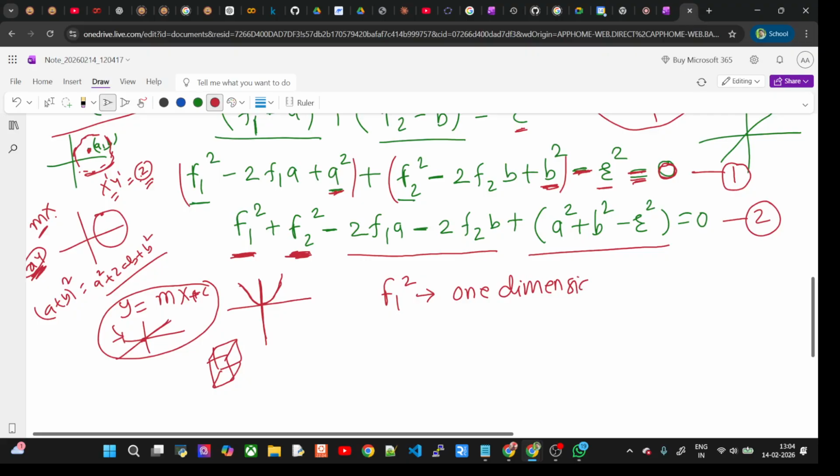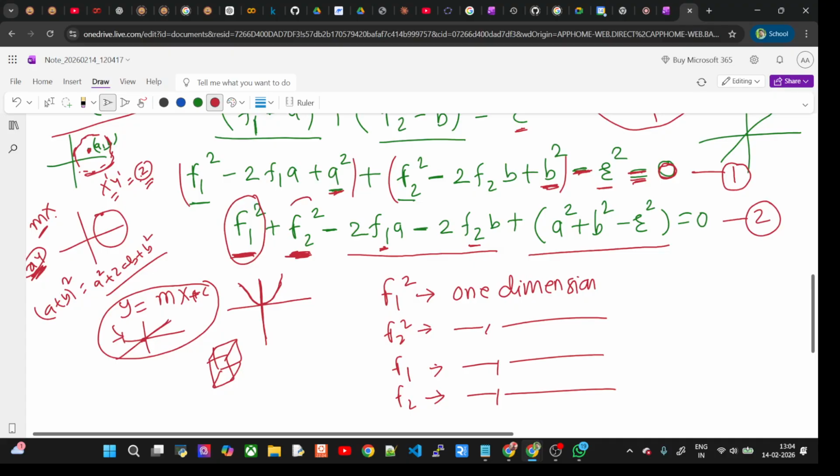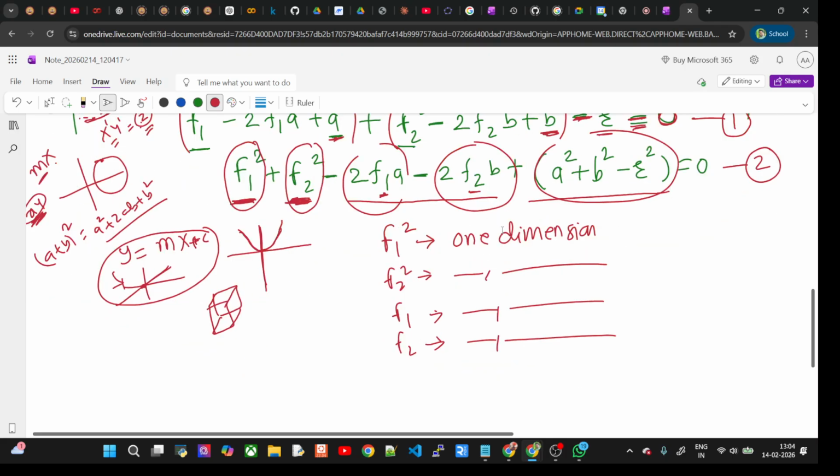Don't think more, because with the next point you will understand what I am saying. f2 is also giving another dimension. Here f1 and f2 will also give me another dimension. Each value here is giving me some dimension. f1 has its own dimension and f2 has something different.